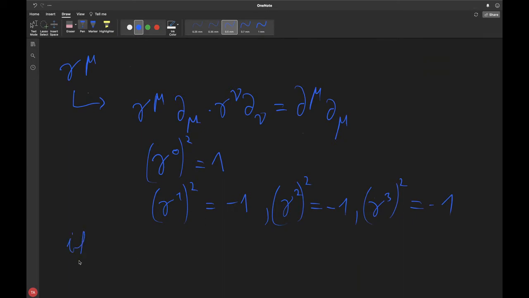If mu and nu are not the same, then we define this anti-commutator, which is this kind of bracket.